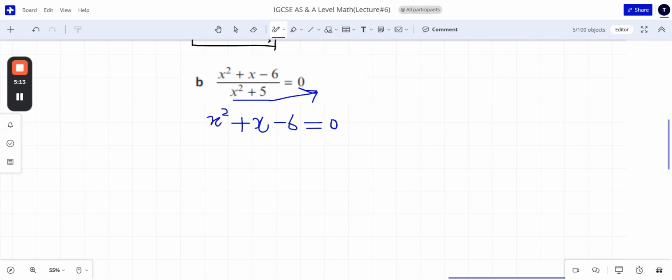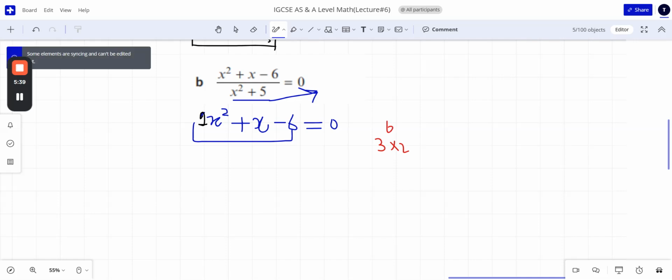Now we will apply the factorization method. Here first we will multiply the constant value with the coefficient of x. There is no coefficient, it means it would be 1. So 6 times 1 becomes 6. But the factors would be 3 times 2. 3 times 2 is 6 and 3 minus 2 would equal 1, which is the middle term.